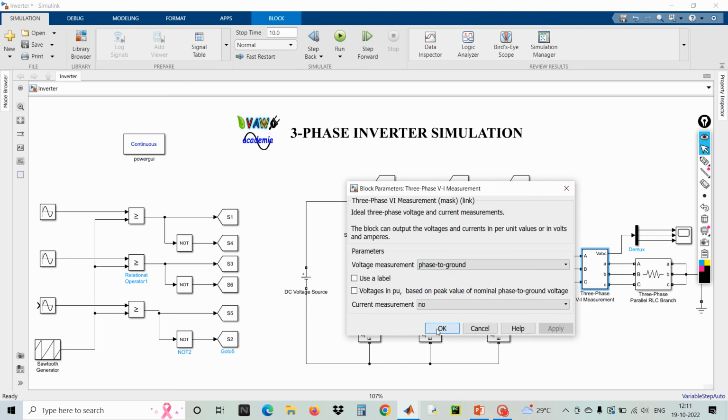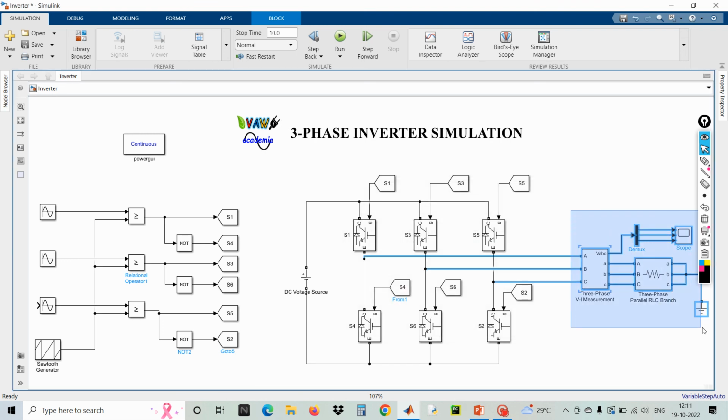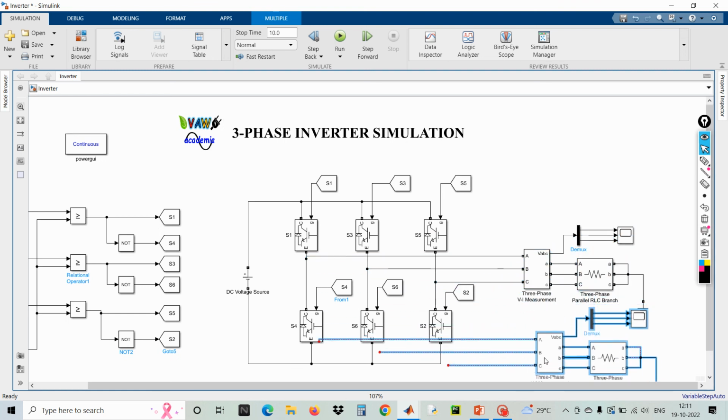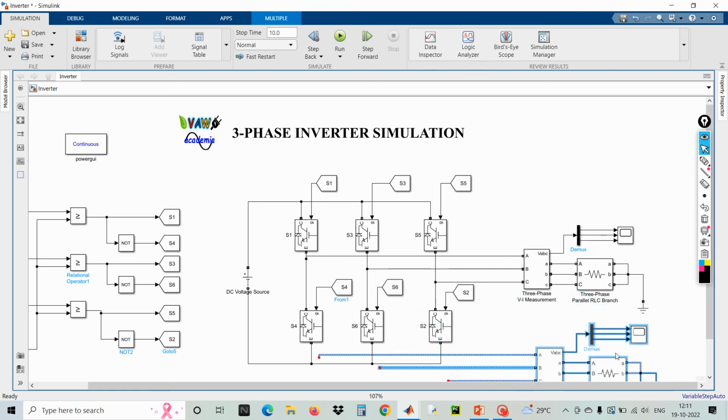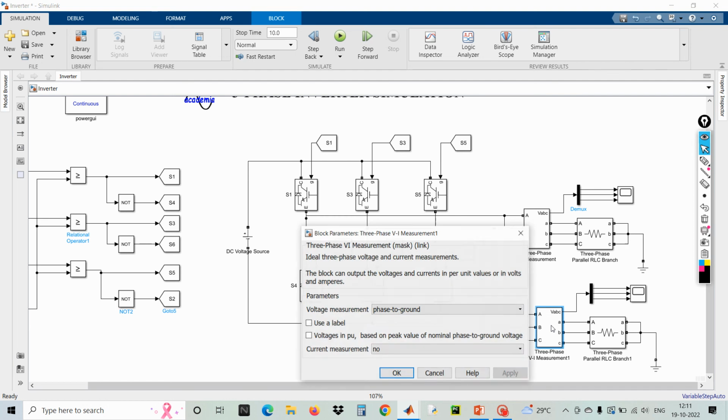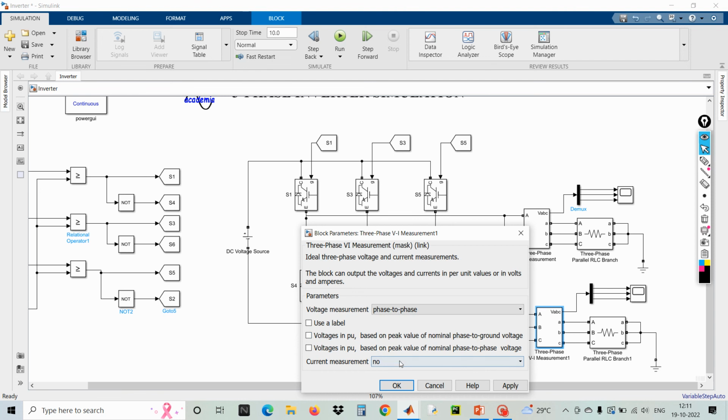What you have to do is simply copy that part and connect it here. So this will give you the line voltage.